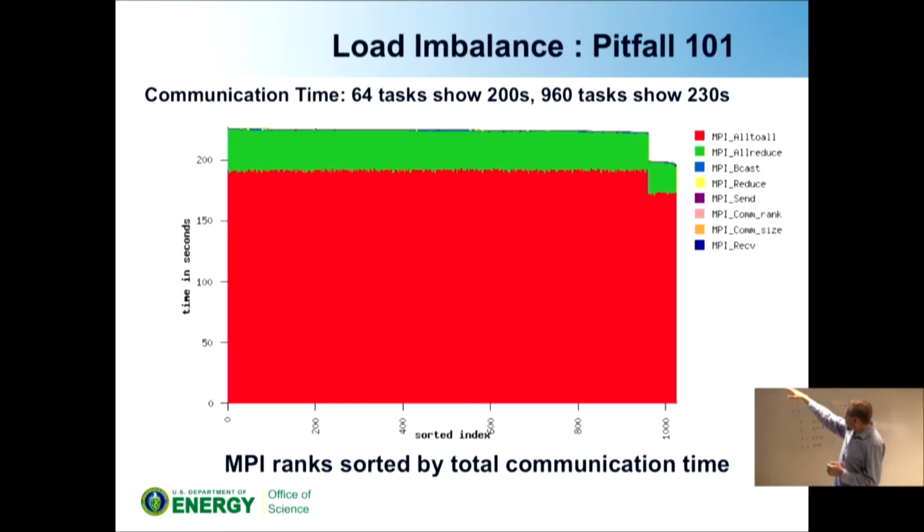The coloration here is by which MPI collectives are being used, so things like all-to-all and all-reduce and barrier and broadcast. It only takes a few tasks in an MPI code and a synchronizing collective like an all-to-all or an all-reduce to really see big changes in performance.